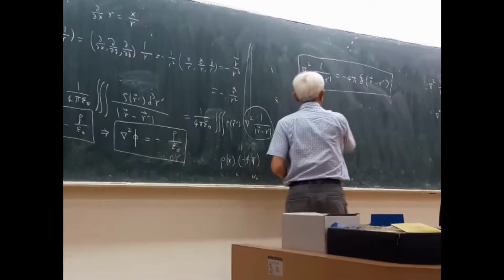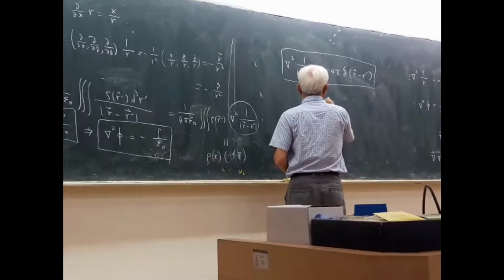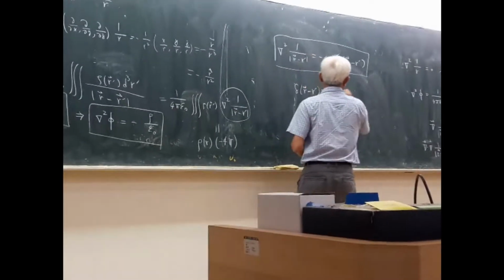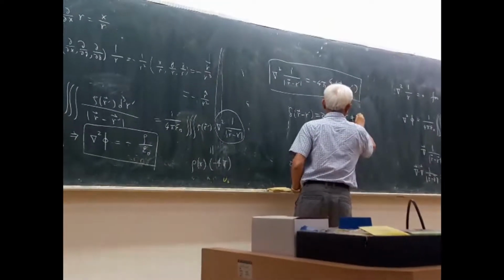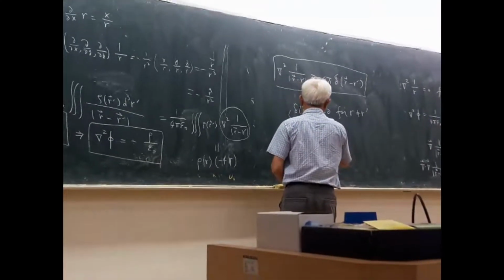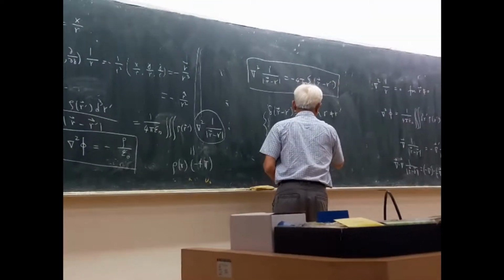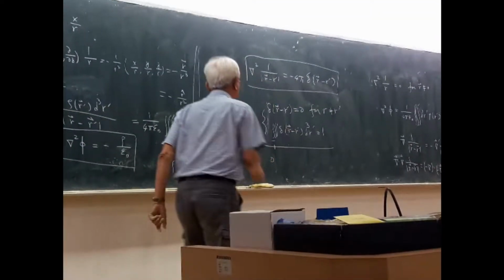It equals 0 for R not equal to R prime, and the integral of delta R minus R prime equals 1. That's the Dirac delta function.